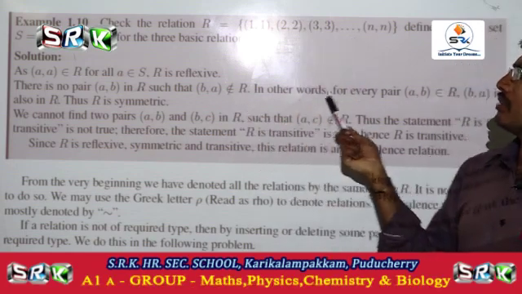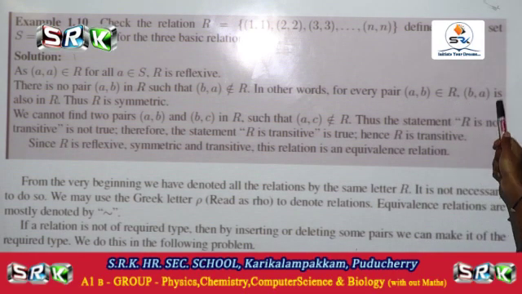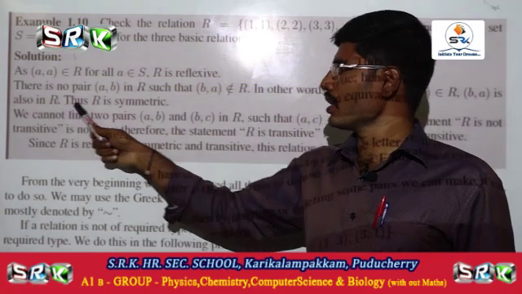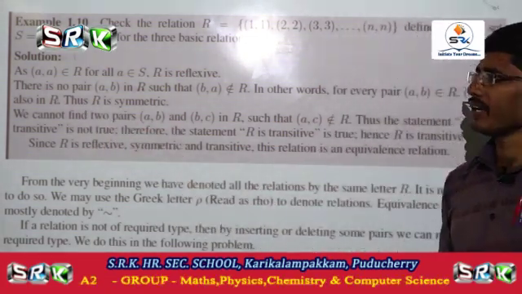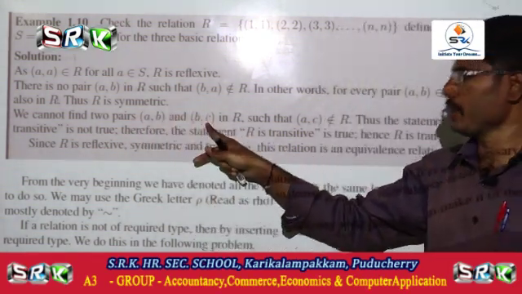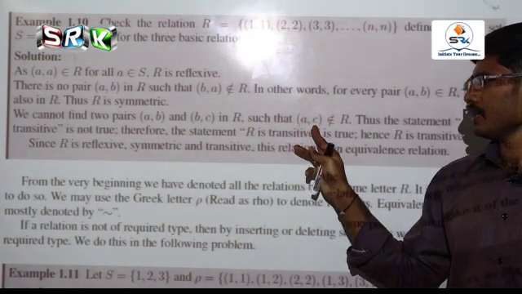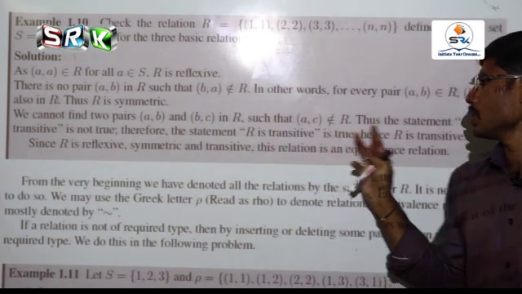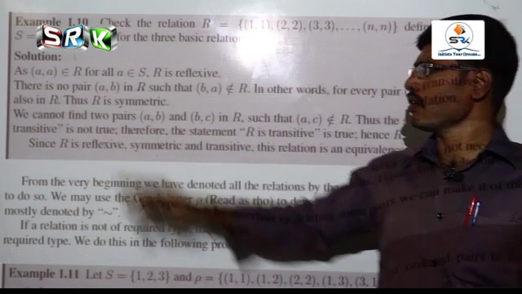Therefore, in other words, for every pair (a, b) belonging to R, (b, a) is also in R, so R is symmetric. But then we cannot find two pairs (a, b) and (b, c) in R such that (a, c) does not belong to R. So the statement 'R is not transitive' is not true.